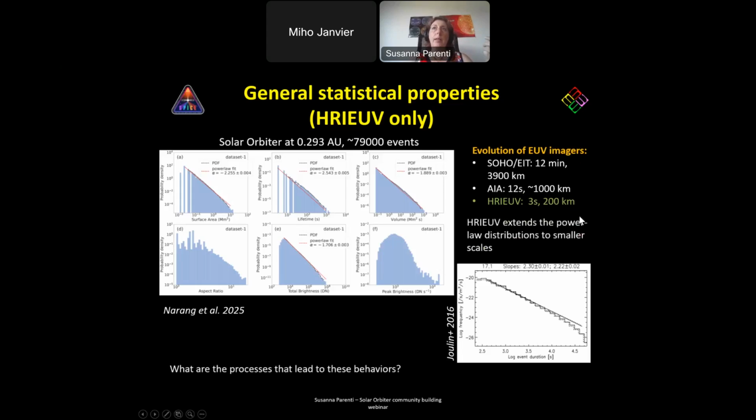So what we can say now is that, and this is an example from AIA but there are many others, these HRI-UV events extend this power law to lower scales. It's very interesting to think how the solar atmosphere behaves similarly at all of these scales. Why is that?